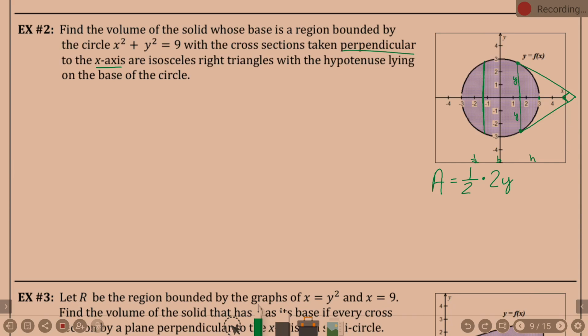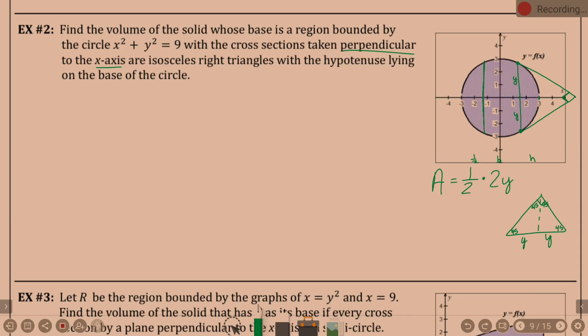Here's the other way to think about it, guys. Draw that triangle. We said this was y and y, right? This is an isosceles right triangle with the base here, which means this falls back into the 45, 45, 90s. This would probably have been the easier way to go.